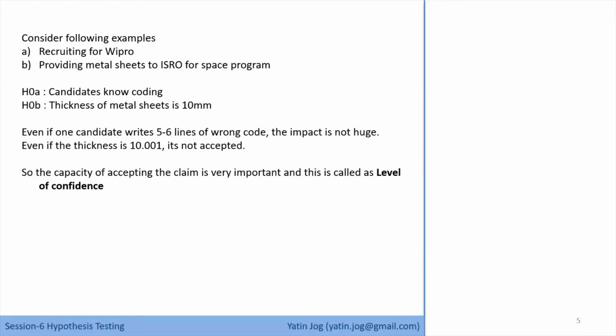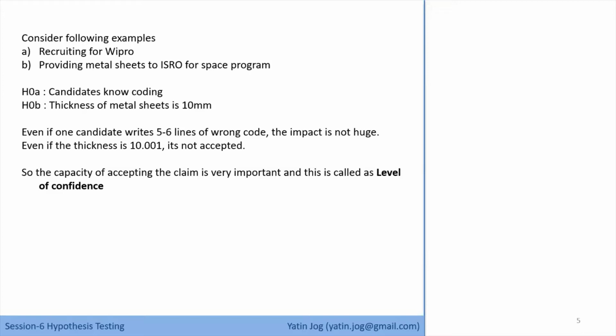So I am not ready to accept any kind of error or deviation from my null hypothesis in the second scenario. My appetite for risk is almost null in the second scenario, and my appetite to accept some error is more in the first scenario. So all this is linked to your confidence level, and that's why confidence level is very important.